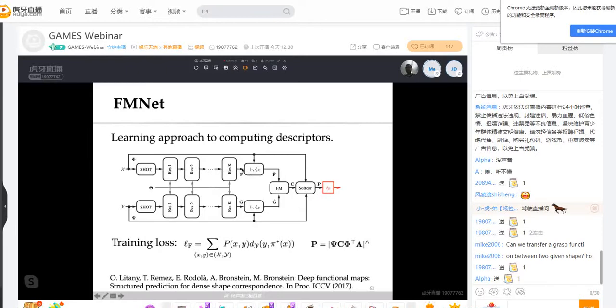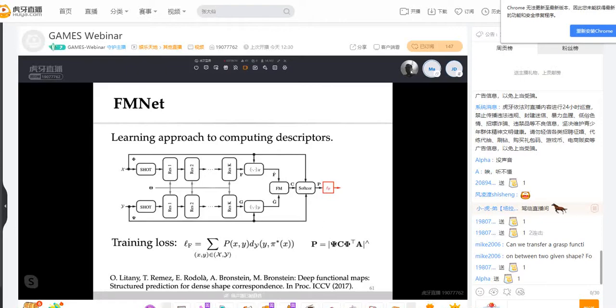This gives me a new set of descriptors, called F and G. Then I compute their coefficients with respect to the fixed basis, like the Laplace-Beltrami basis, and then I solve for the optimal functional map. To compute a loss, I penalize how far this functional map is from some ground truth.